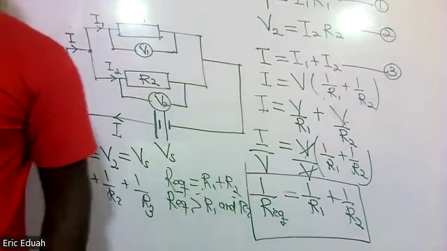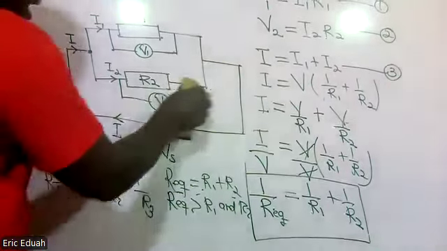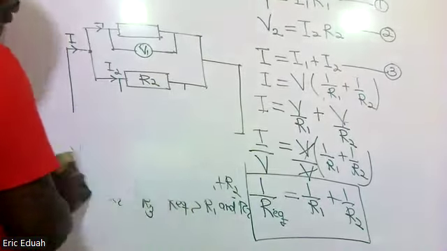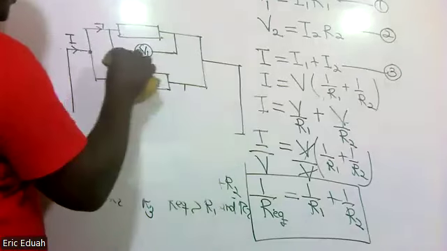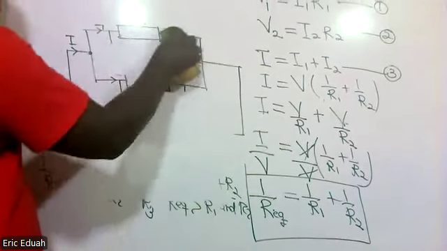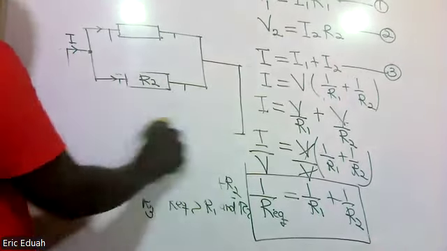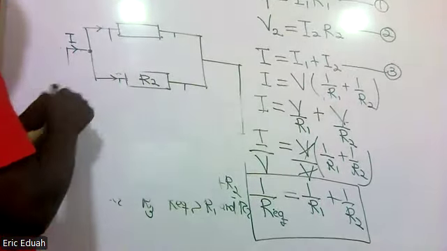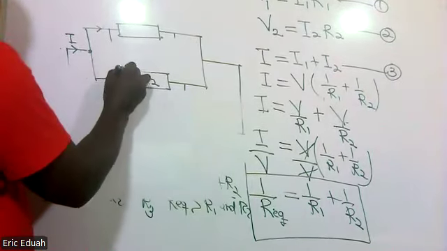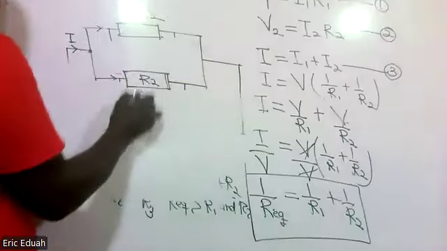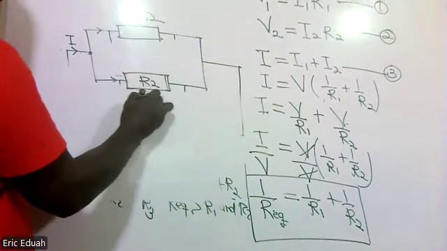Okay, let me explain this using an example. We have two resistors connected in parallel. R1 is 10 ohm. R2 is 5 ohm.